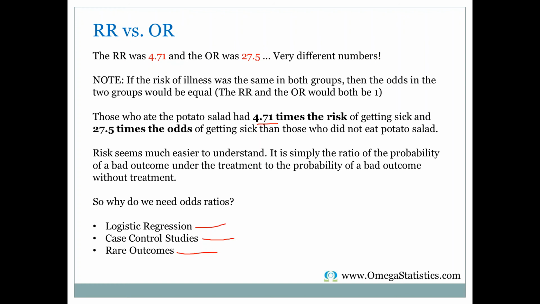Maybe in addition to them eating potato salad, we would like to know, did females get sick more than males? Or was age a factor? Did older people get sick? Did the babies get sick? Babies wouldn't be eating potato salad, but there could be other factors that have to do with that illness, right? So logistic regression allows us to run a regression. It gives us odds ratios for each of the predictors, and so we'll use that rather than risk ratios.